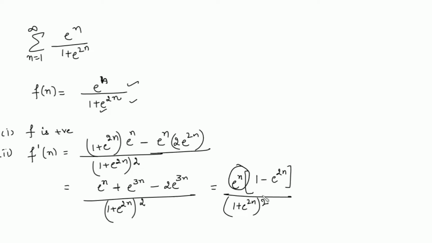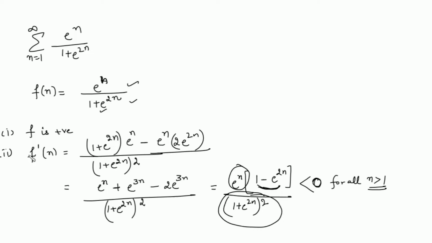Since this is positive, and 1 minus e to the power 2n will clearly be less than 0. This is negative for all n greater than or equal to 1. When you put n to be 1, this is e square, which is greater than 1. So you will have the value negative, right?